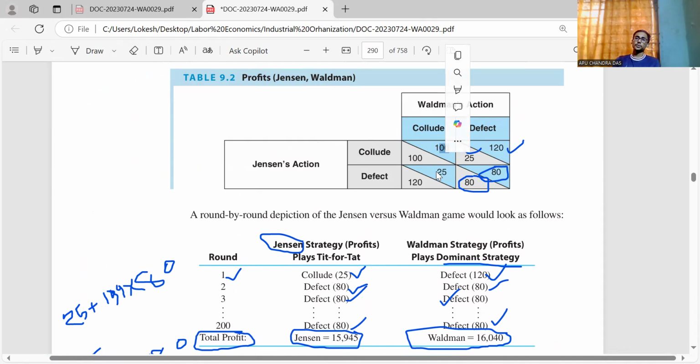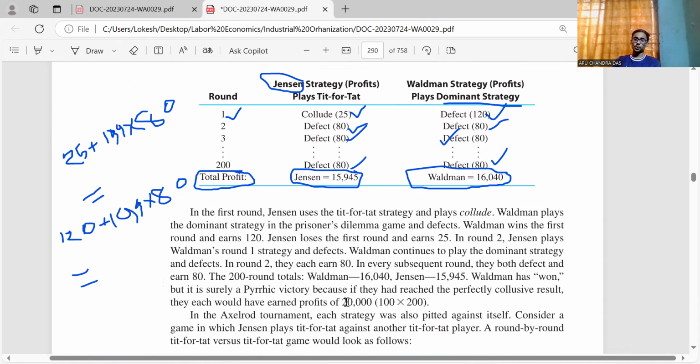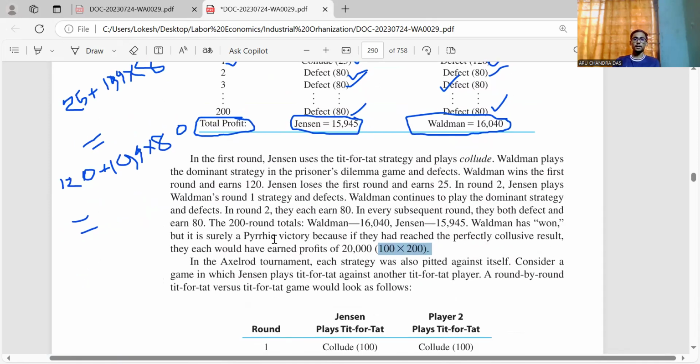So if they earn $100 in one round, after 200 rounds, they will earn 100 times 200 equals 20,000. So although Waldman has won the game, it is a Pyrrhic victory.